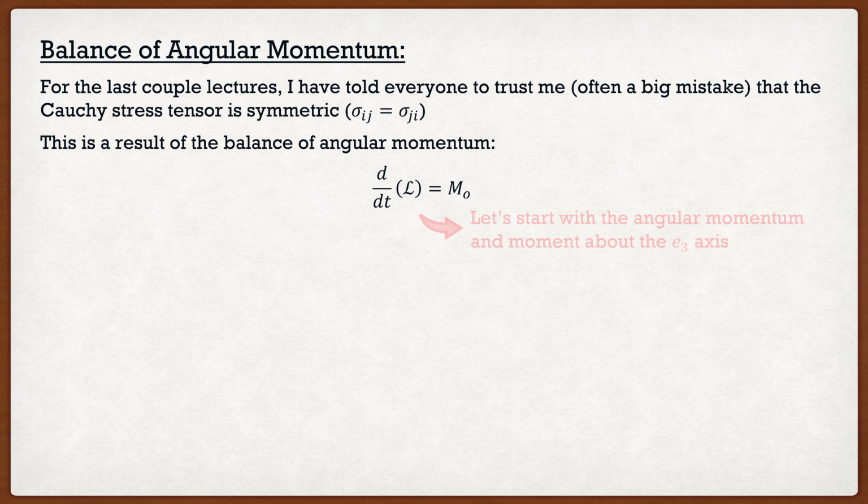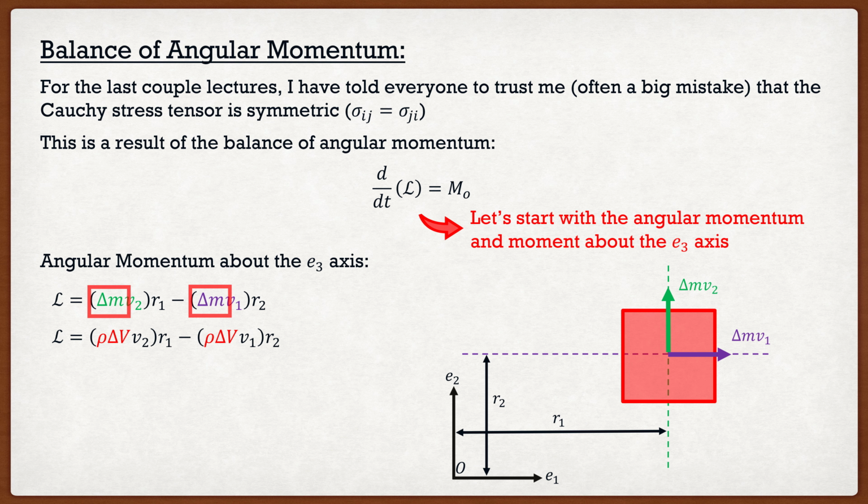So if I'm dealing with angular momentum, it's very simple. I got my linear momentum basically going in two directions. So my angular momentum is simply going to be delta m times v2 multiplied by r1 minus delta m times v1 multiplied by r2. Just like before, we realized that we don't really deal with mass components, so we're going to swap that into the density rho times the volume, and that's basically it.